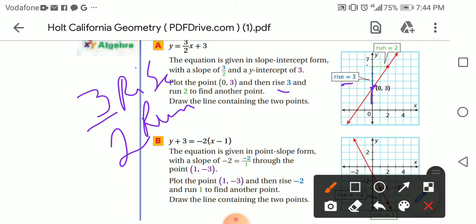And after rising 3, what should I do? Run 2 to the right. So I plot my next point. This is the third step: draw a line containing these 2 points.